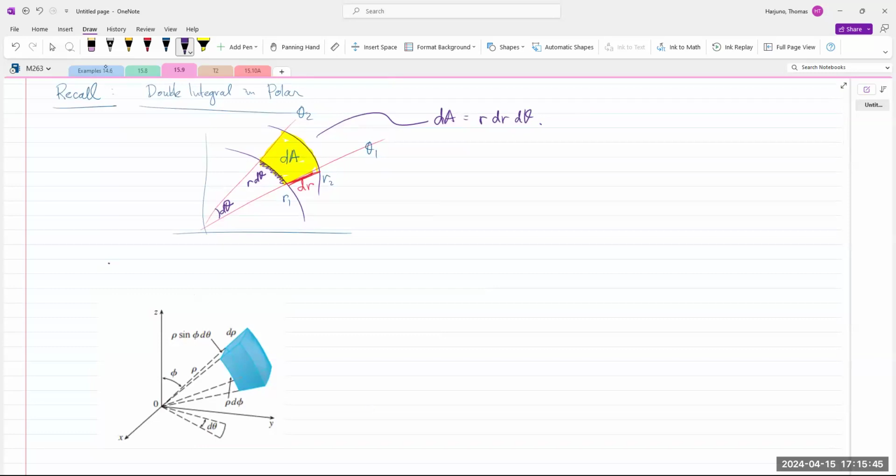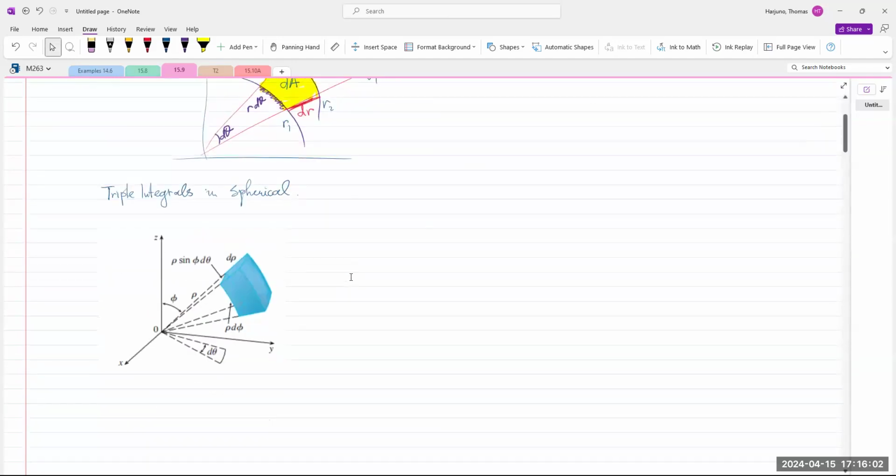So for triple integrals in spherical, suppose this is our box with edges.